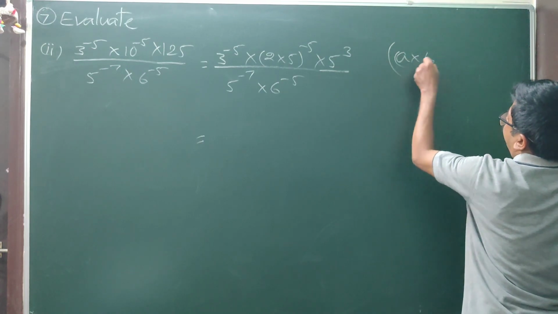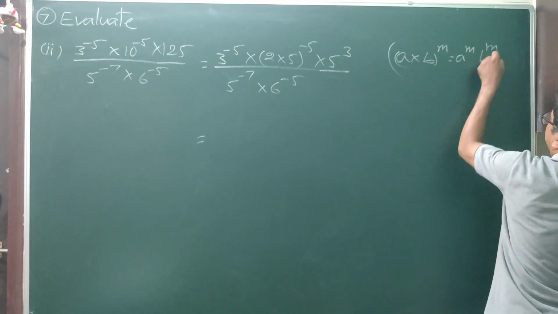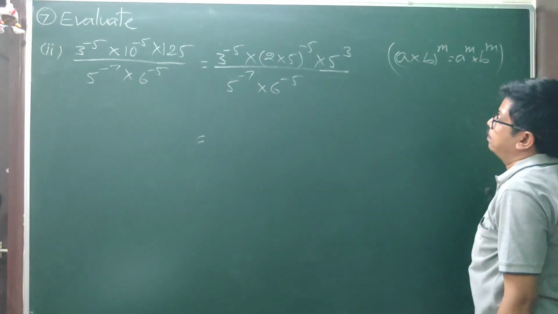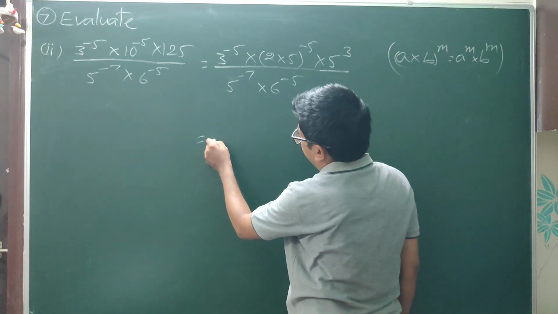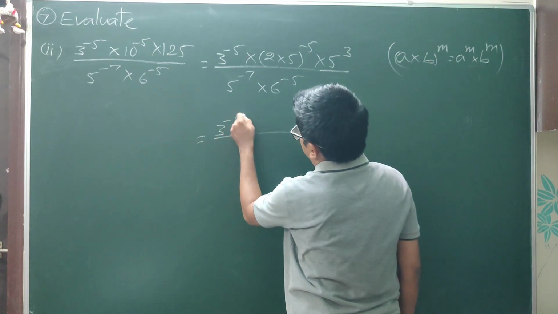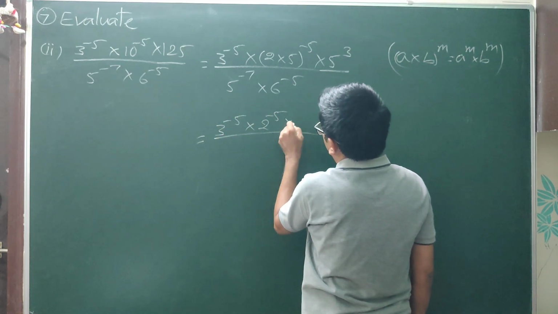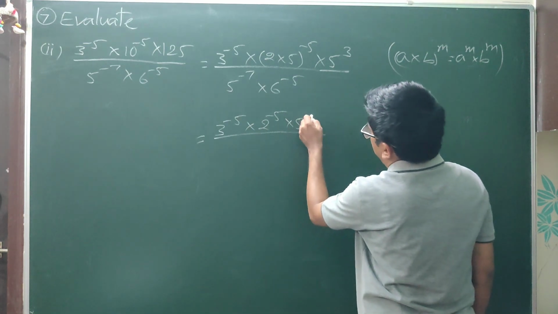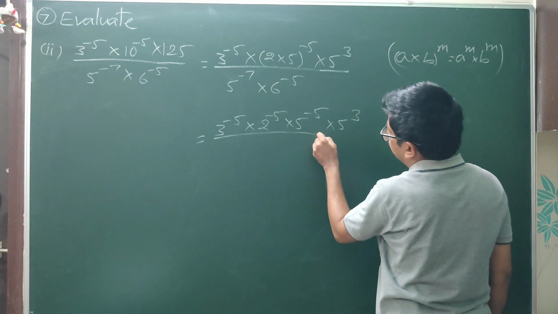(a into b)^m equals a^m into b^m. So 3^(-5) into 2^(-5) into 5^(-5) into 5 cube.